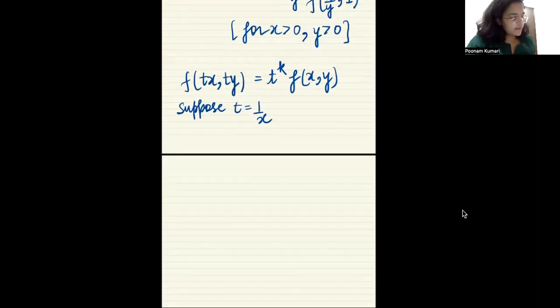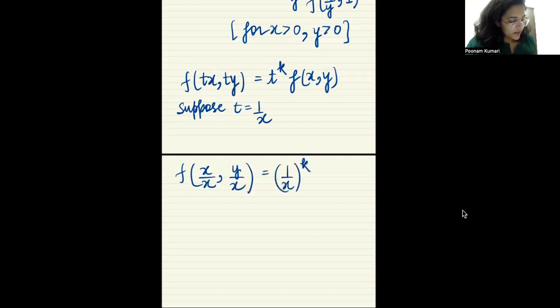So t is 1 by x, meaning f(x/x, y/x), and then 1 by x raised to the power k f(x, y), right?